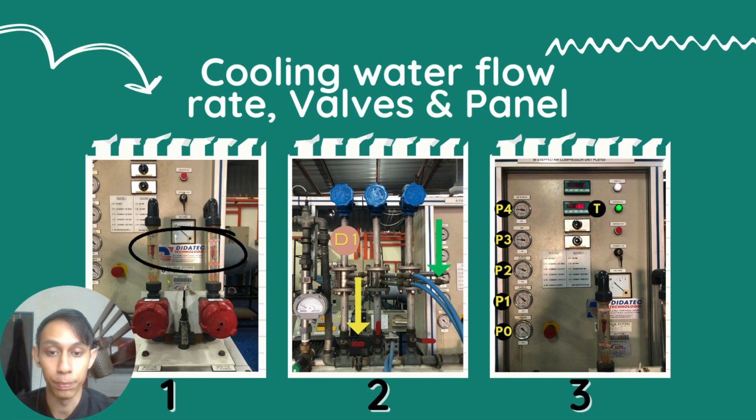After that, in picture number 3, which is the panel where we can see all the readings for temperature and pressure, like P0, P1, P2, P3, P4, etc., and also the T, we recorded the ambient air, which were T0 and P0. Then we had to wait for 10 minutes in order to take the readings for the first stage of compression, which were T1 and P1, by referring to the panel.